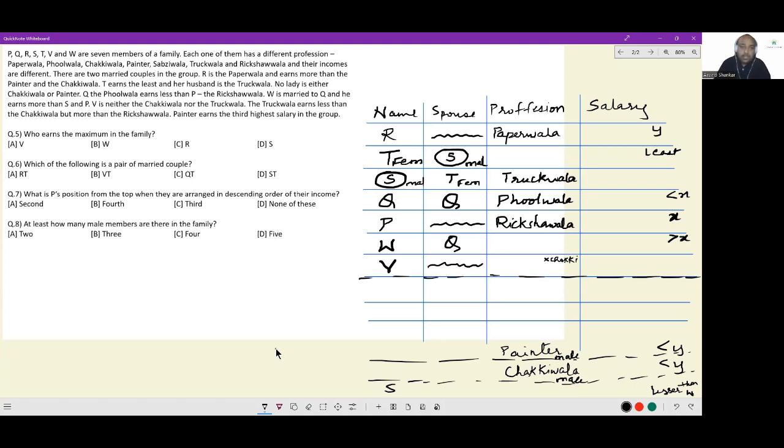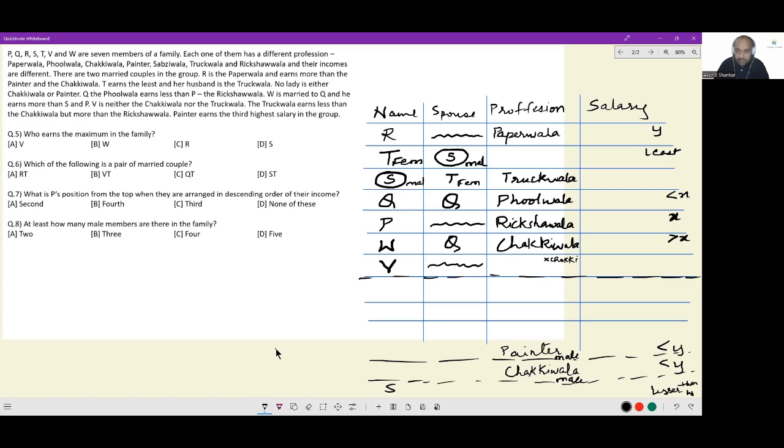T, the female, is earning the least. Chakki wala cannot be with T, and also cannot be with V. So W has to be the chakki wala.